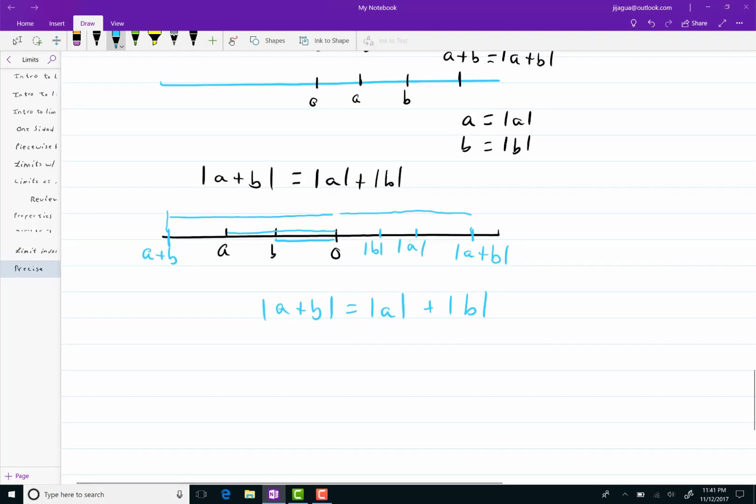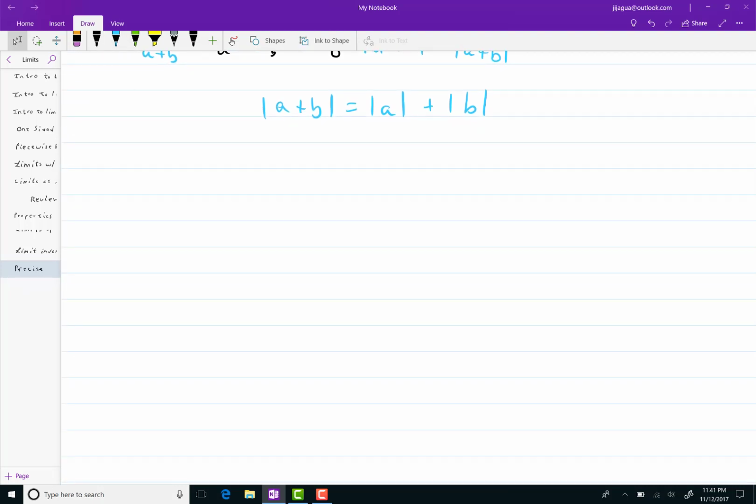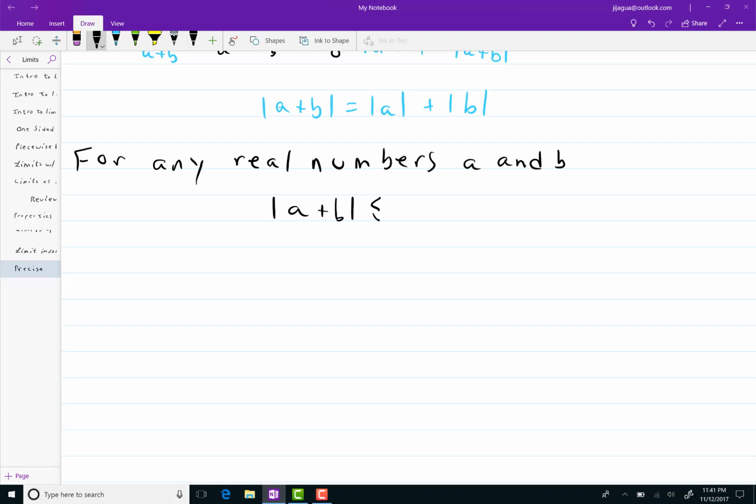So, for any real numbers a and b, the absolute value of a plus b is less than or equal to the absolute value of a plus the absolute value of b.